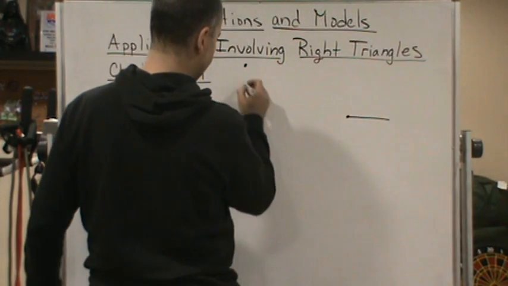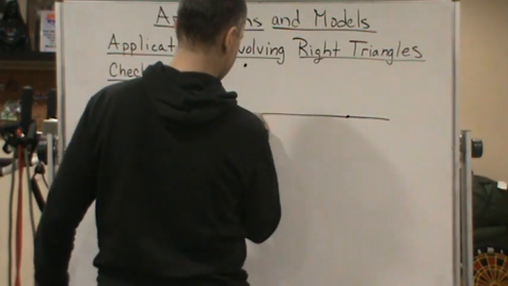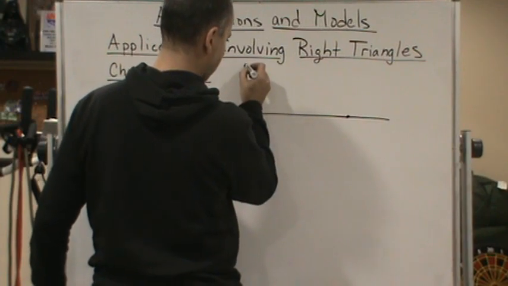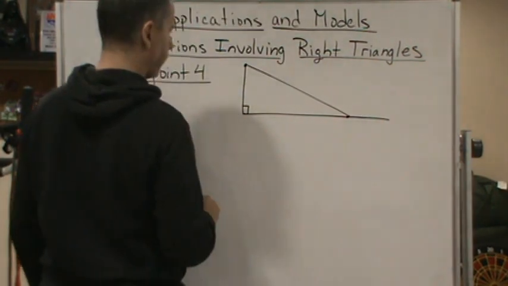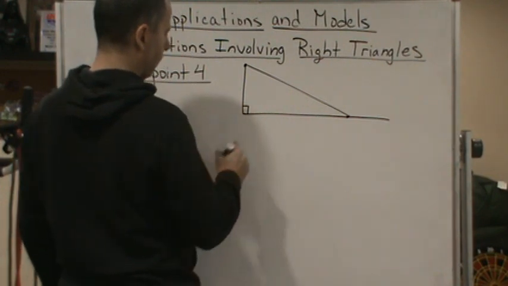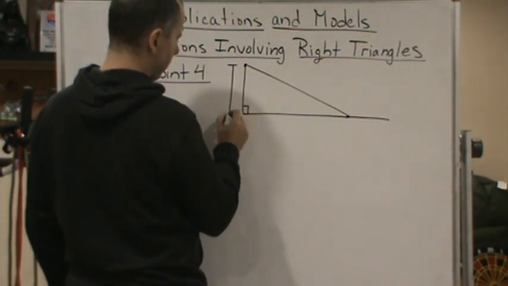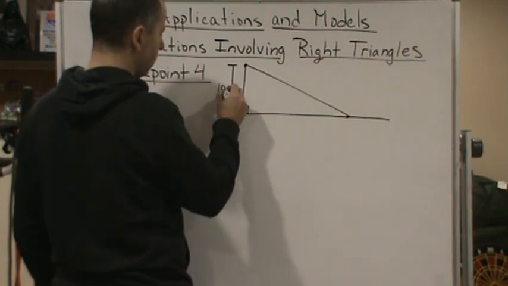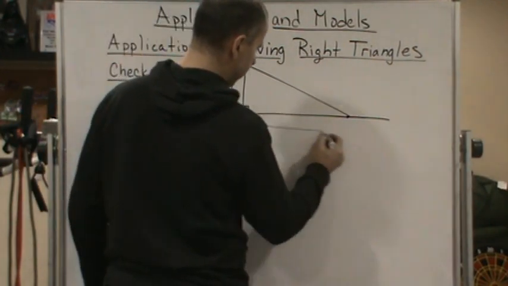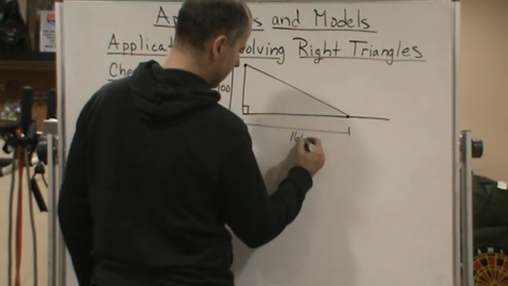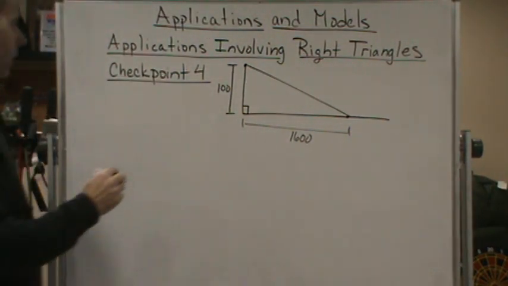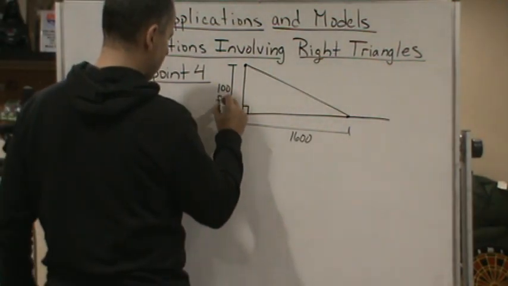Okay, so that means that this height is 100 and this length is 1,600. And it's in feet.